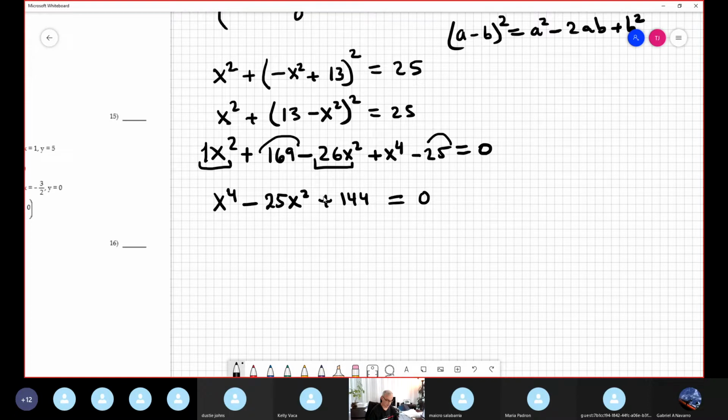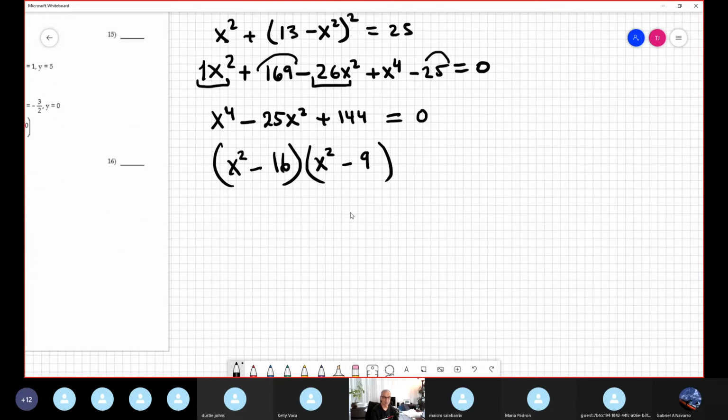In this case, by factorization, oh no, students prefer the quadratic formula, you can do a quadratic formula. But in this case, no big deal to understand that 16 and 9: 16 times 9 is 144, and 16 plus 9 is 25, negative. And we have in that moment a difference of squares.